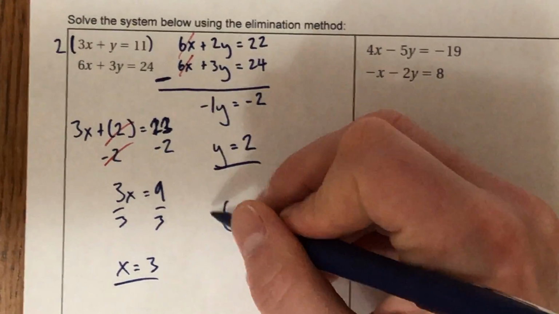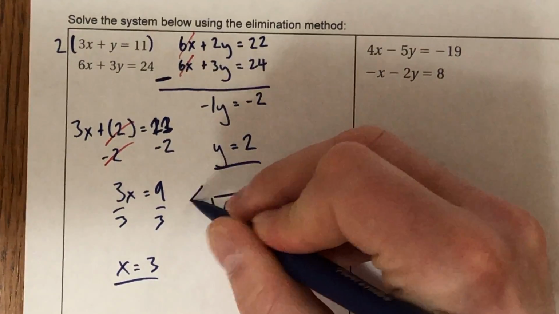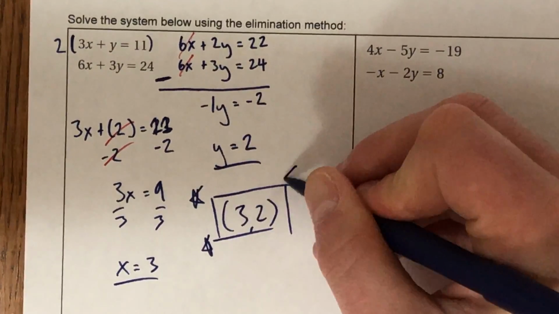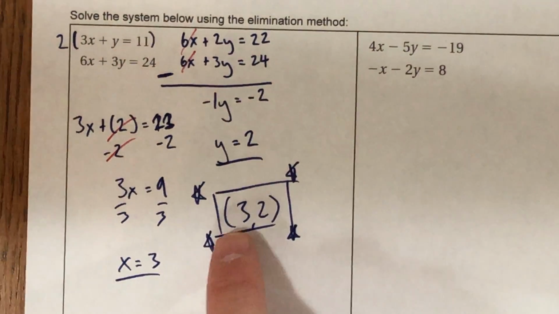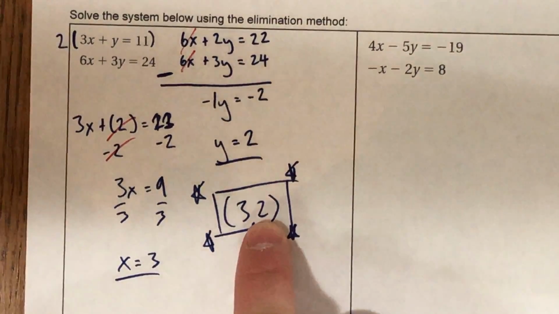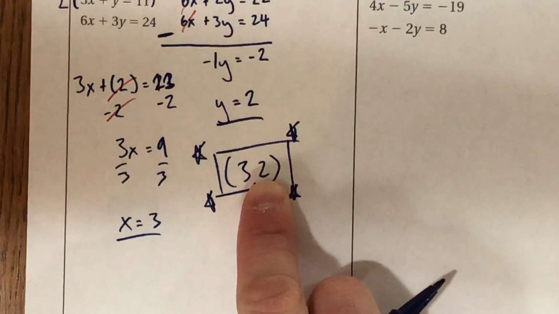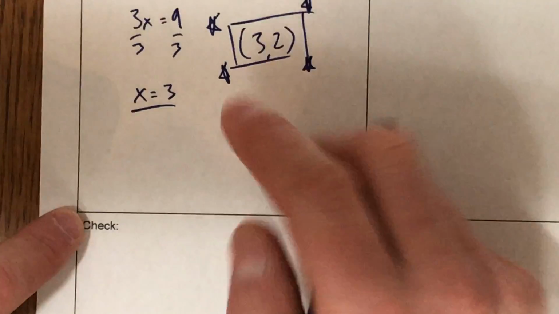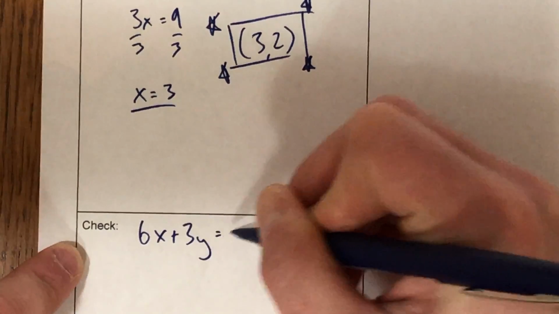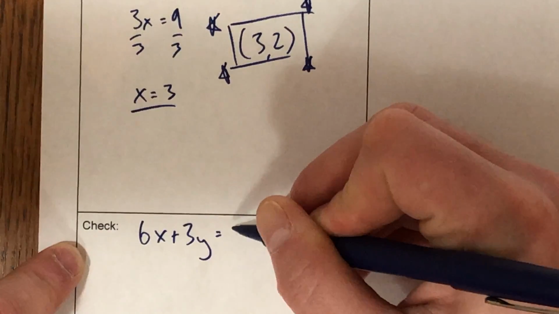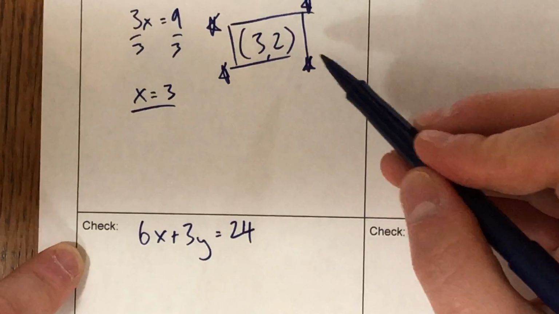Now to check, to know for sure if this is the right solution, I'm going to plug the x and the y into my other equation and make sure that it works. So down here, I'm going to rewrite that equation. We got 6x plus 3y equals 24. Let's plug in my solution.